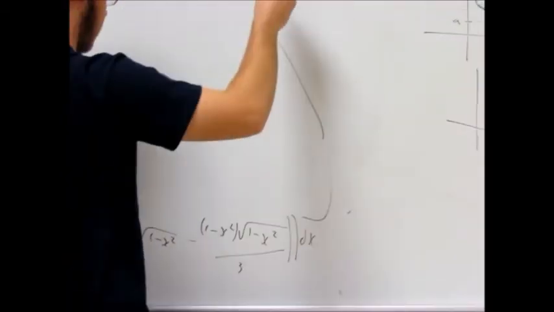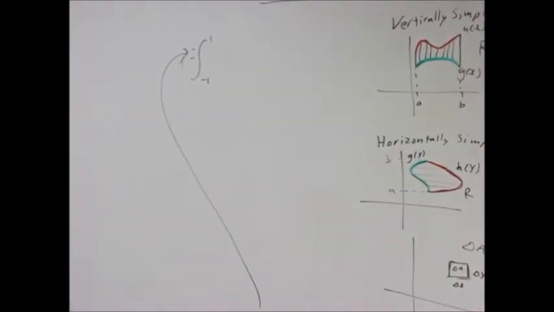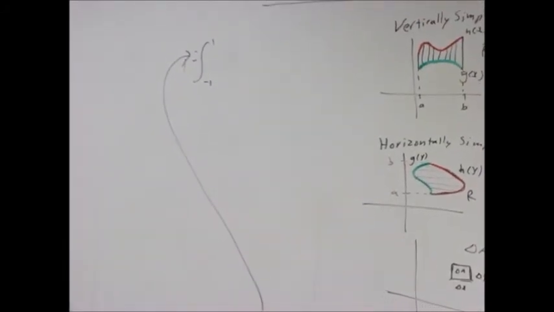It's equal to the integral from negative 1 to 1. Let's see, so this minus a negative of this, so 2 of these.